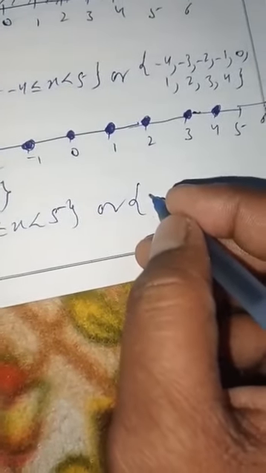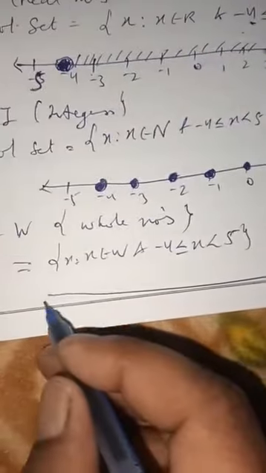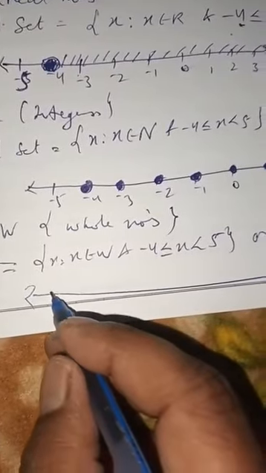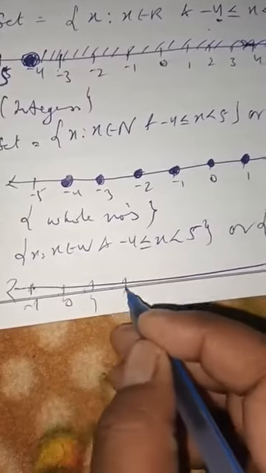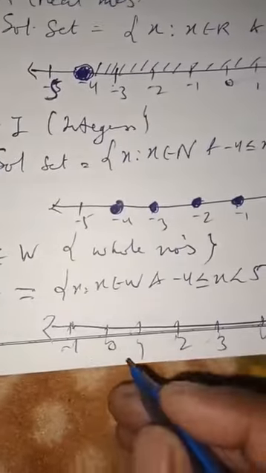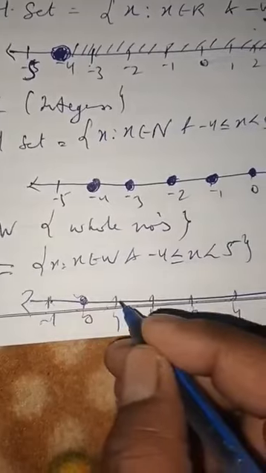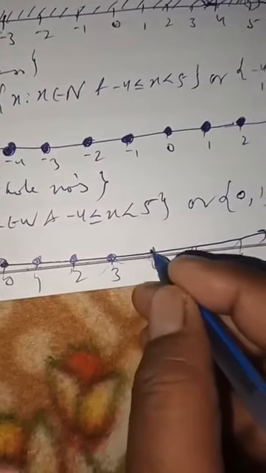So whole numbers start from 0, so 0, 1, 2, 3, 4. Okay, 5 will not be there. Now the number line, so as it is starting from 0, I am starting it from minus 1. 0 1 2 3 4 5 6. So this 0 will be there, 1, then 2, then 3, then 4.